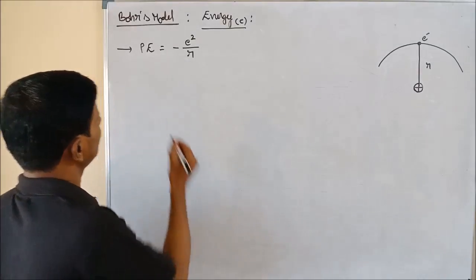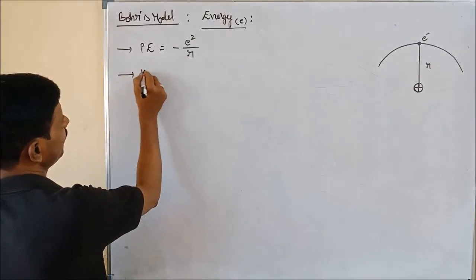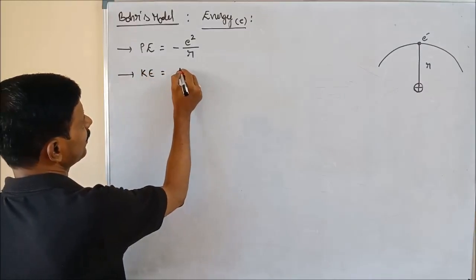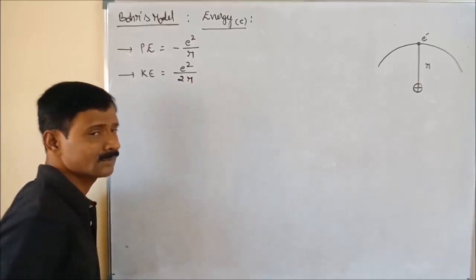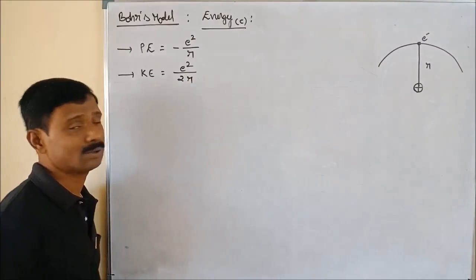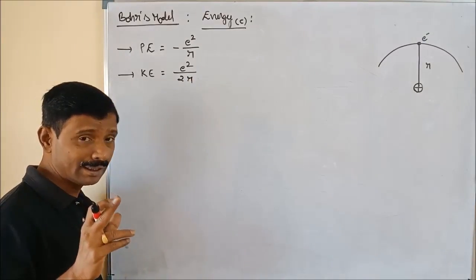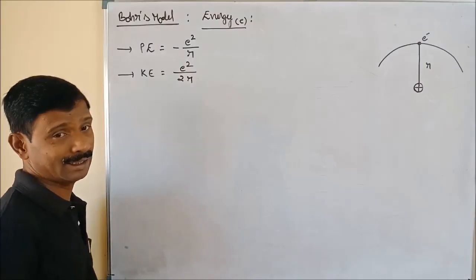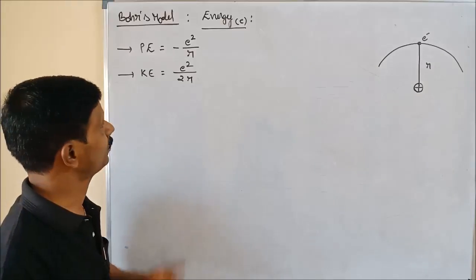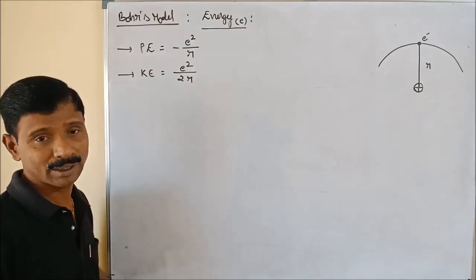Similarly, the kinetic energy of the electron is e square by 2r. Now see the difference. Potential energy has a negative sign since it acts in the opposite direction, and kinetic energy shouldn't be negative, so it is e square by 2r.